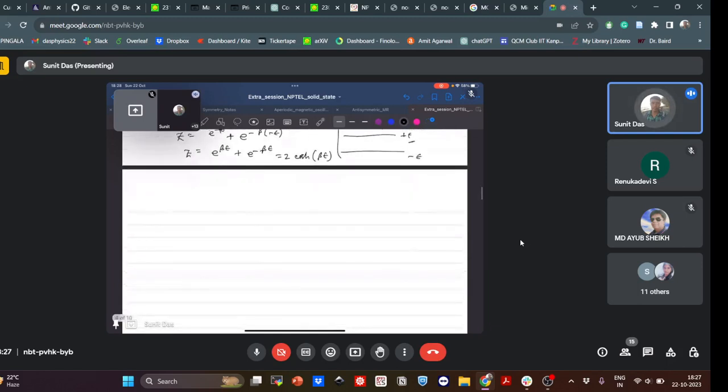Okay, and the relation of internal energy with the partition function is U equals minus d ln Z by d beta, the derivative of log of Z with respect to beta. So this will be 1 by Z times dZ/d beta. If you find this derivative carefully, then it will be minus epsilon tanh(beta epsilon).